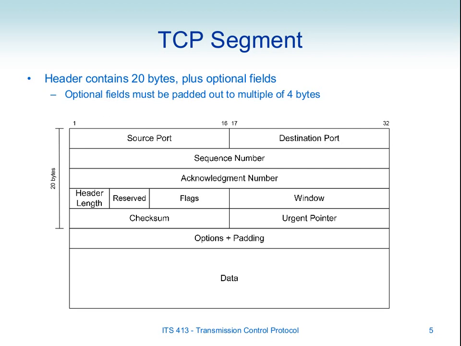The fields in the header include the source and destination port numbers. These are numbers that identify the applications at the client and server. My web browser, when it establishes a TCP connection to a web server, has a port number, usually chosen by my operating system, and the web server has a port number.